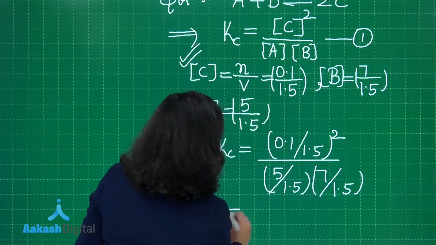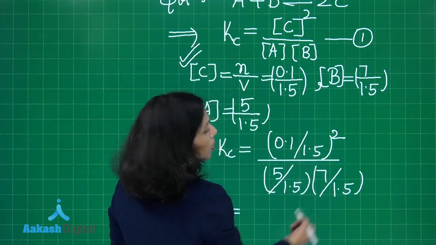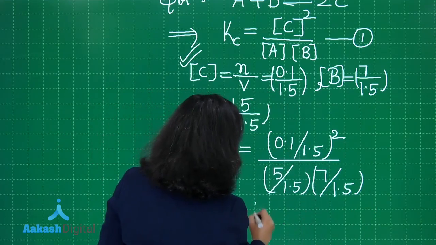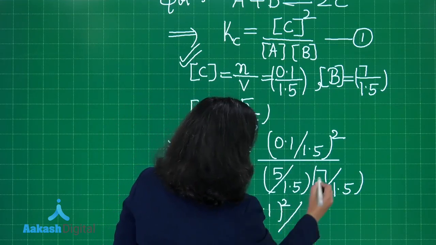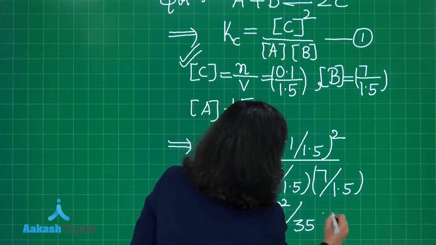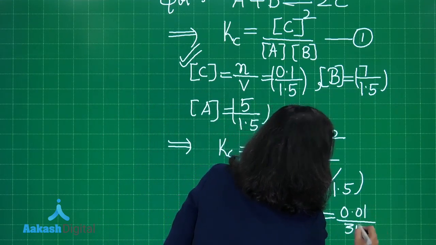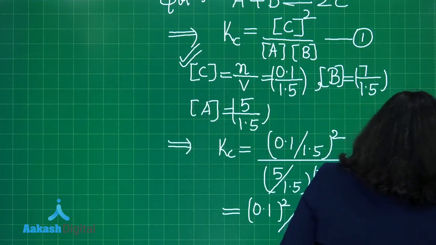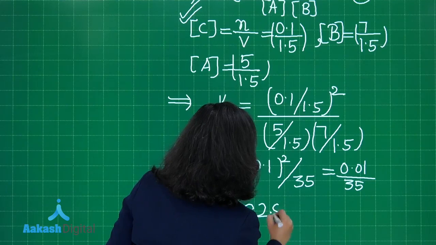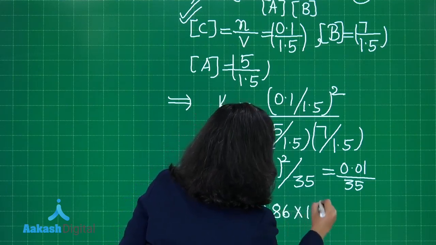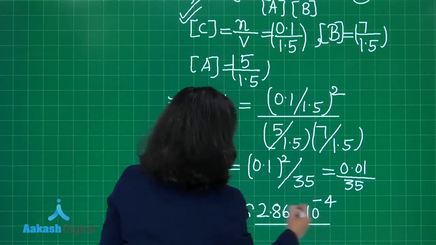Now, in this case, this 1.5 in the denominator will go in the numerator. So finally, the value that we are going to get here is 0.1 raised to the power 2 divided by 7 5s are 35. Right? So this is 0.01 by 35, and this value is approximately equal to 2.86 into 10 raised to the power minus 4. This is the value of Kc.